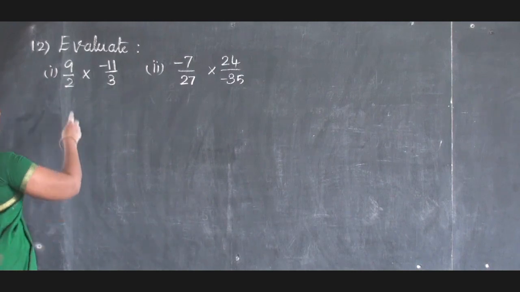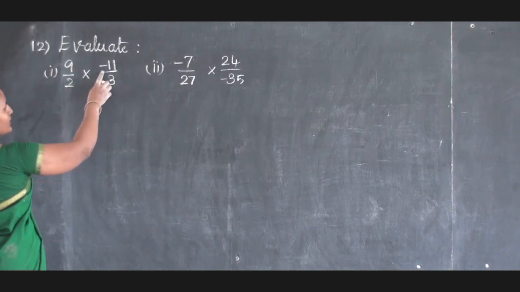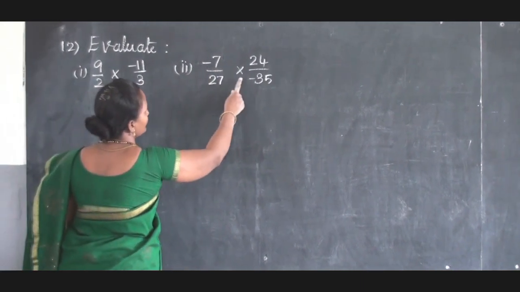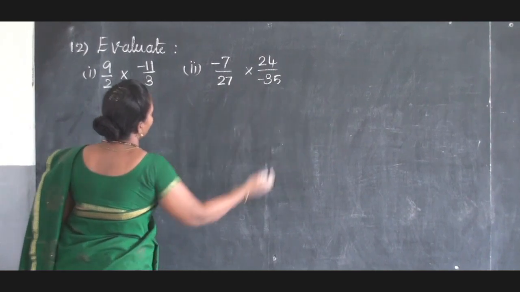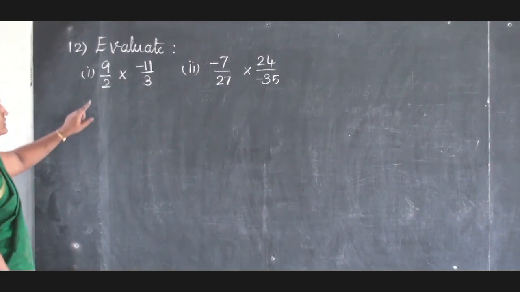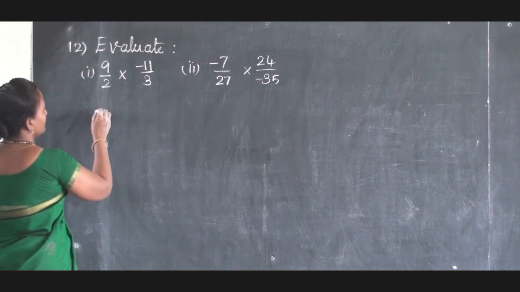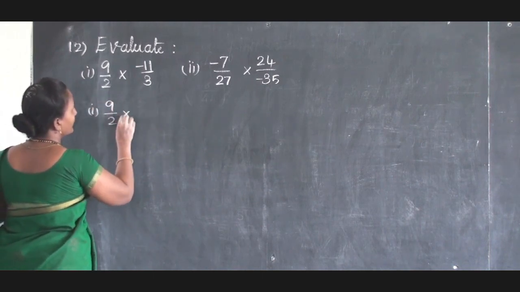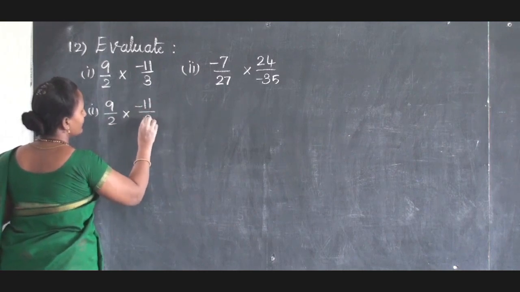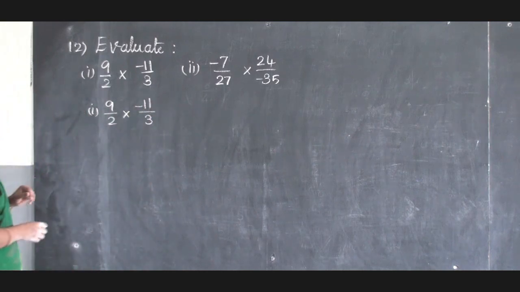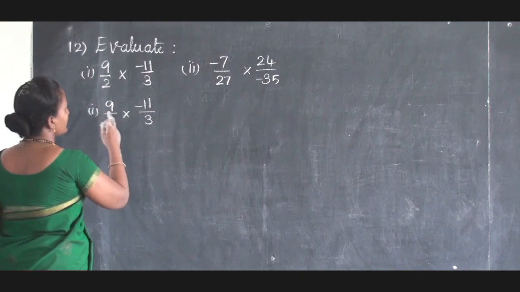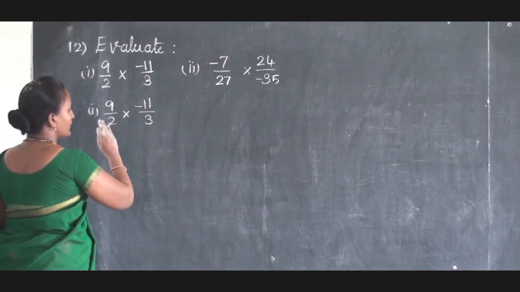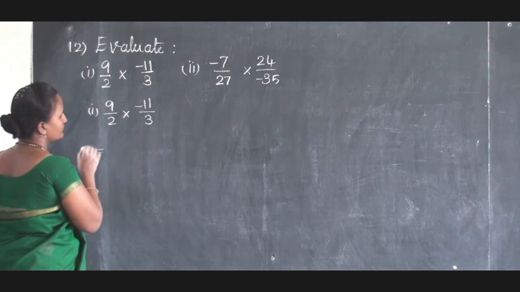Evaluate 9 by 2 into minus 11 by 3, and minus 7 by 27 into 24 by minus 35. Two fractions in multiplication. First, 9 by 2 into minus 11 by 3. Here any cancellation, cancel and then multiply numerator with numerator and denominator with denominator.